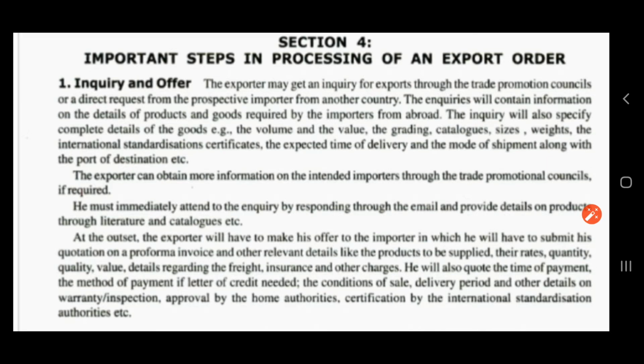What is the quality that they are expecting? Do they need any catalogs before distribution of the products? What are the different sizes of the products they need to be delivered? And like that, many kinds of information will be required by the exporter for processing this order.